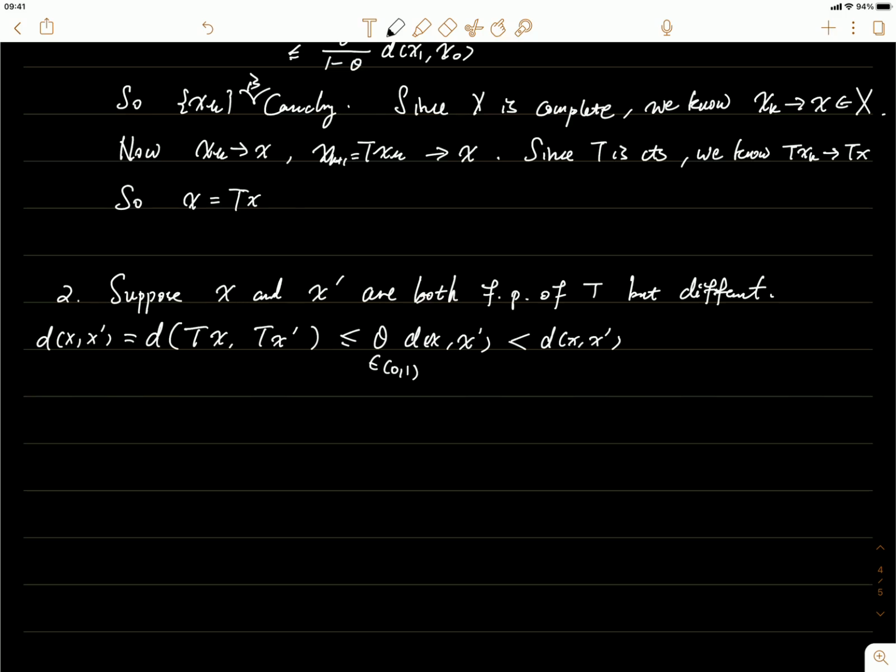And now I have some number that is strictly less than itself, and that is a contradiction. This contradiction tells us that we cannot have two different fixed points. So we know that the fixed point of T is unique.